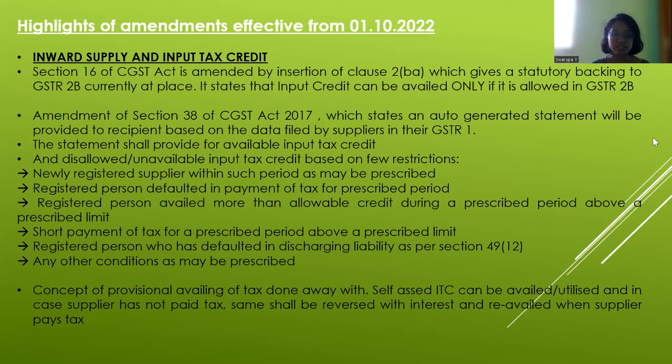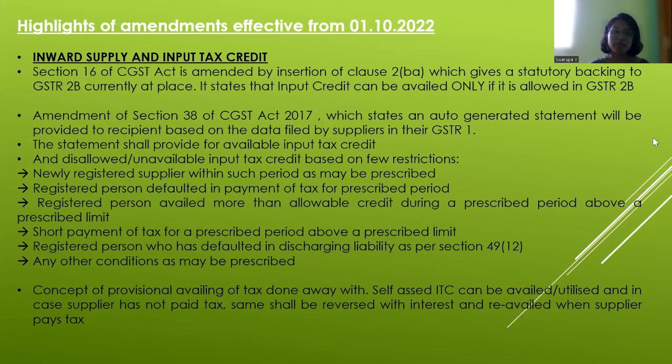A registered person who has defaulted in payment of tax for the prescribed period. A registered person who availed more than the allowable credit during a prescribed period above a prescribed limit, then we cannot avail the credit of that particular person.